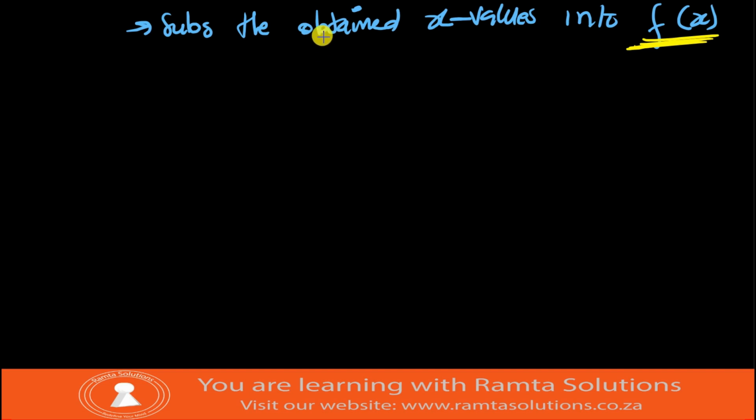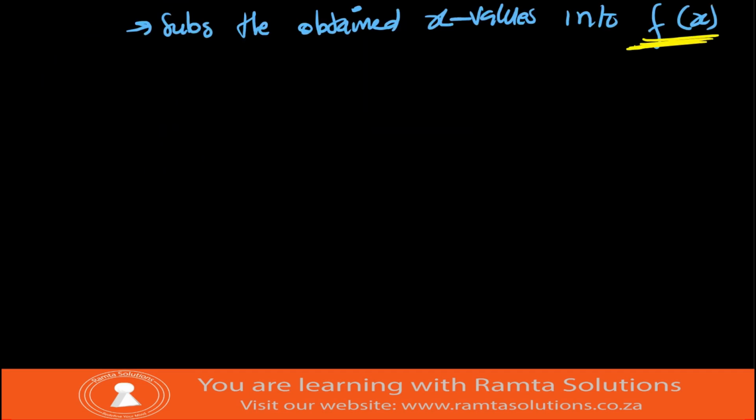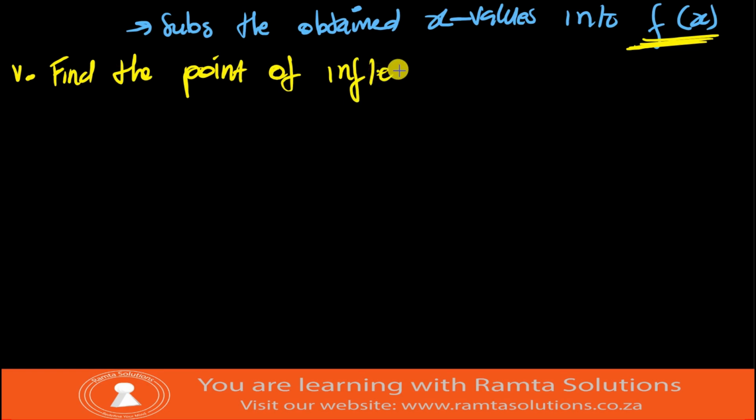Now, the fifth point will be to find the point of inflection. This point of inflection is basically the point where the function changes its concavity.